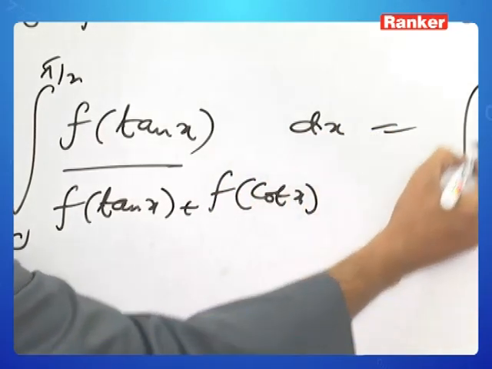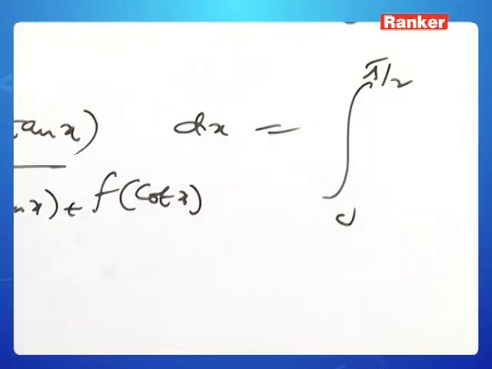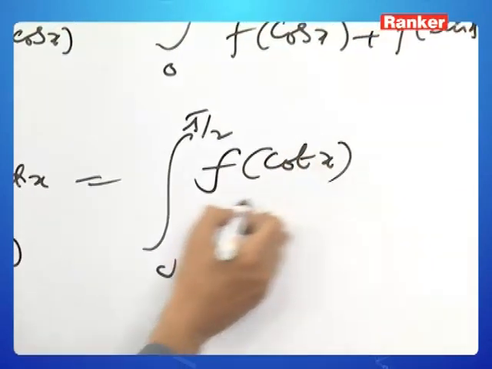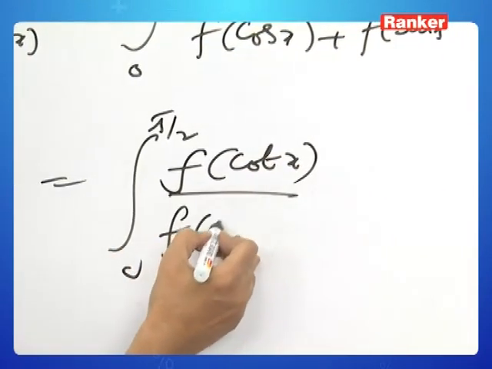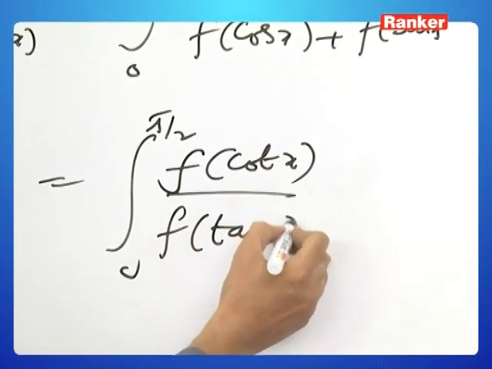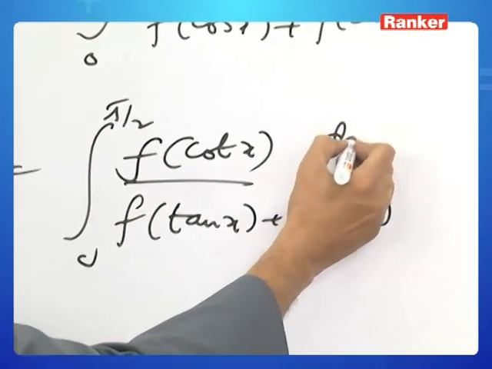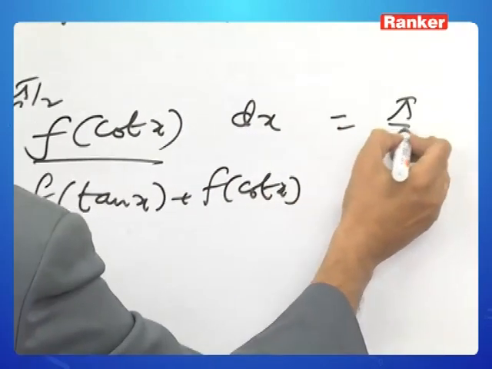is equal to integral 0 to pi by 2 f of cot x by f of tan x plus f of cot x is again pi by 4.